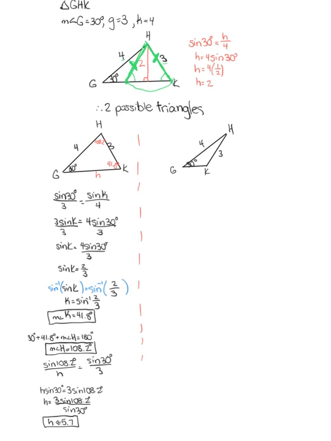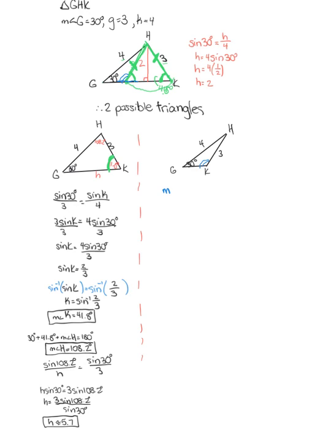And we already found what this one was, right? This angle was this angle in my original triangle. So this angle right here is 41.8 degrees, which means this angle is also 41.8. So if I want to find that angle there, it should be supplementary to the 41.8, which is going to be my angle K in this picture here.